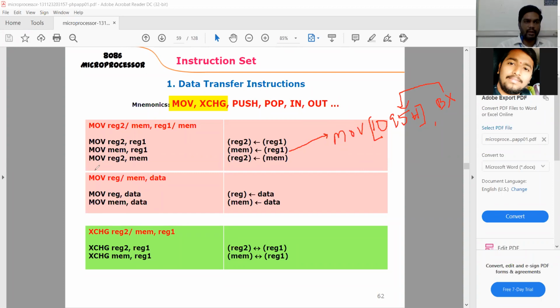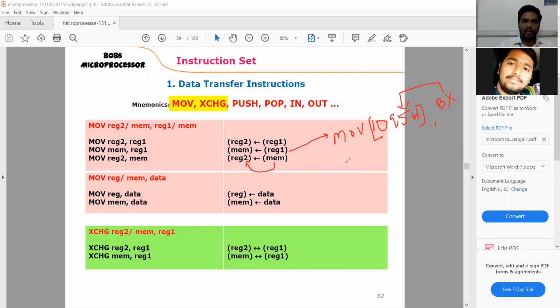Coming to the third category, MOV register, memory. That means we are moving the contents of the memory location into the register. That means we are copying the contents of the memory location into the register.